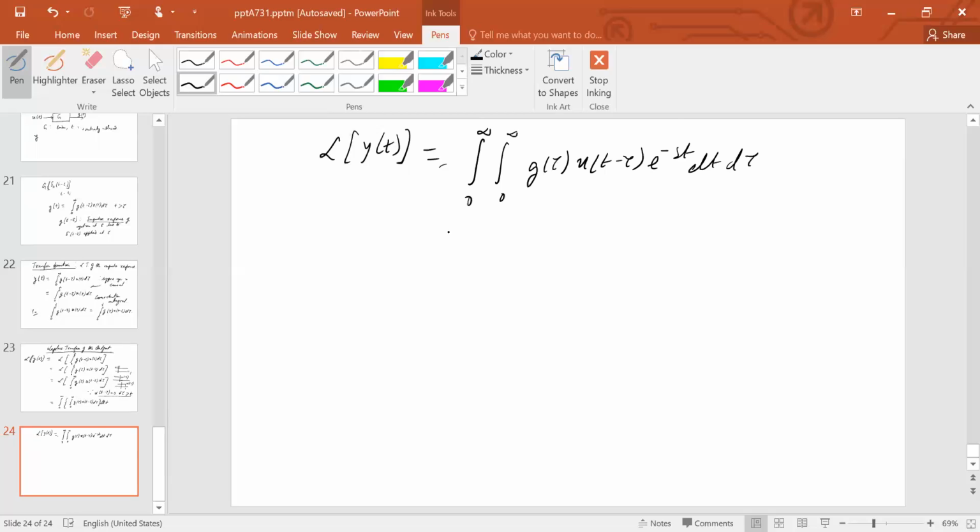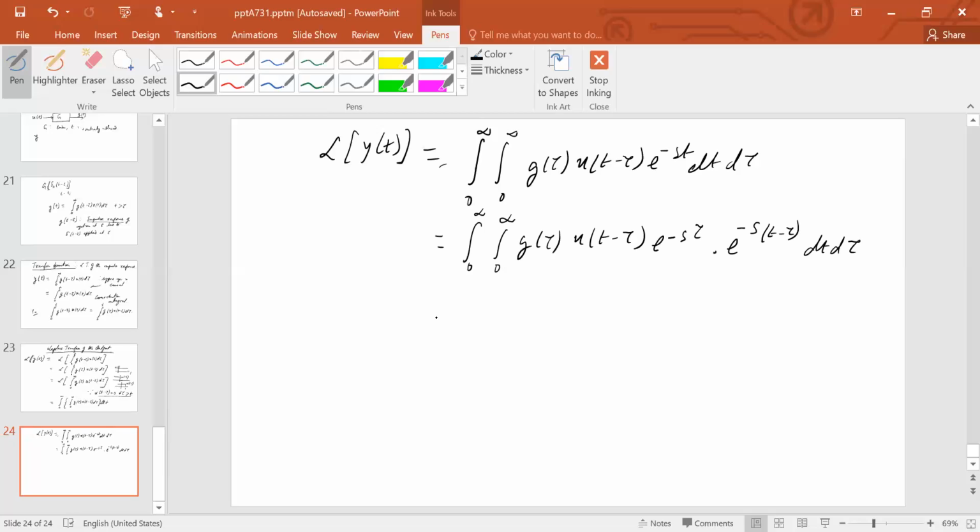In the next step, we just give the same thing here, g of tau, u of t minus tau, e to the power minus s tau times e to the power minus s, now we write t minus tau. We're just adjusting this here, and then we write dt d tau.